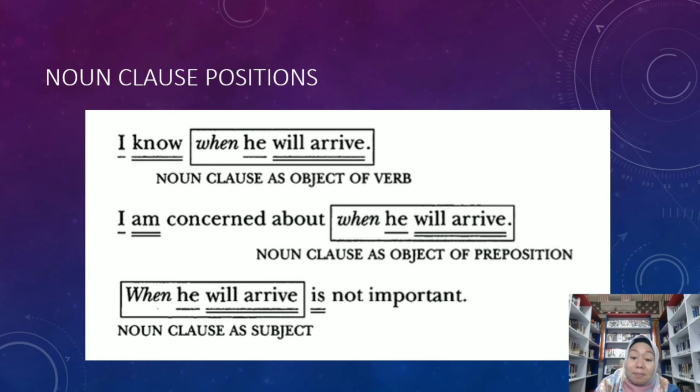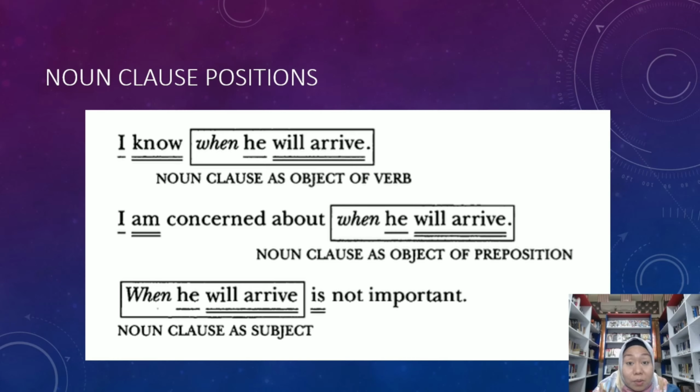So here the object of the preposition is when he will arrive. Remember that a dependent clause should have one connector, one subject, and one verb. Okay, that's the second position.